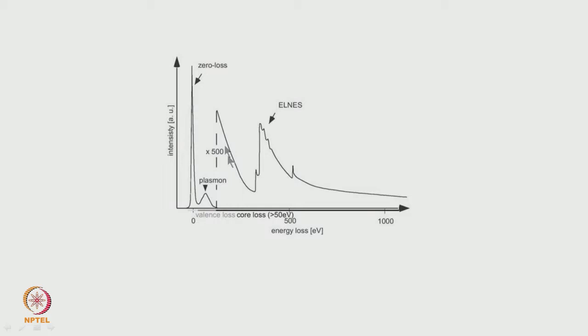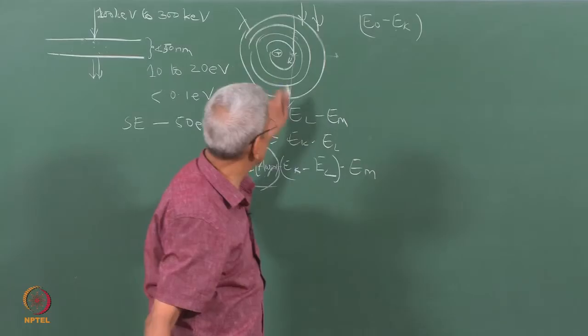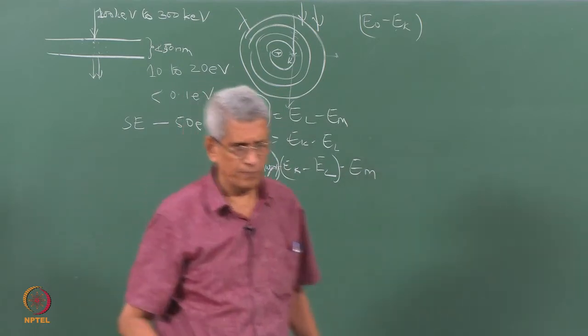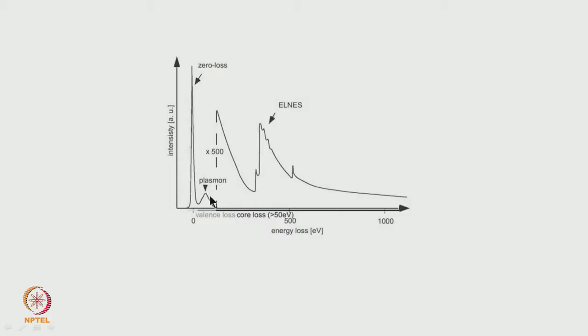Now, we can see that there are many types of peaks. These all correspond to different absorption edges, corresponding to the K edge, L edge or M edge. That is essentially what we are able to see. In addition, some small peaks can be noticed beyond these absorption edges, as well as before.